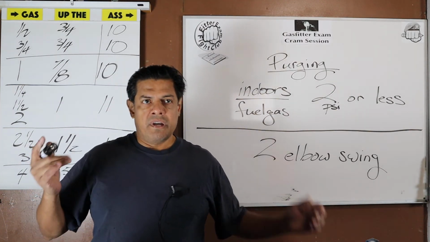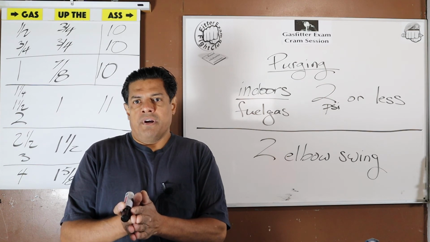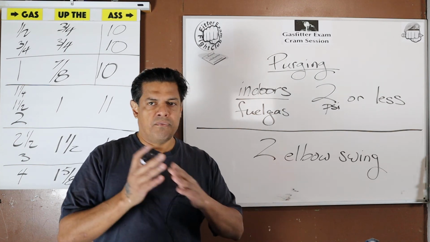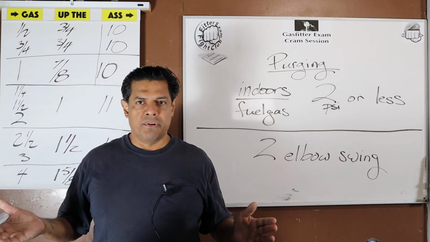2 elbow swing. We're just going to take it for granted that if we're taking a branch off the horizontal main, if we're taking a branch off the riser, we're going to put a 2 elbow swing.